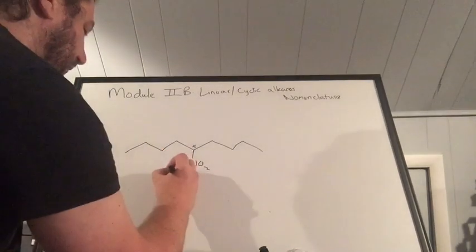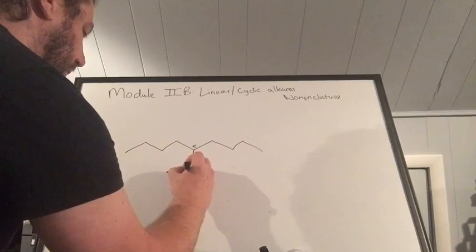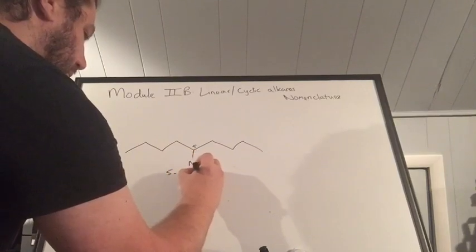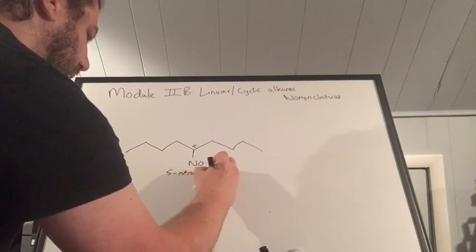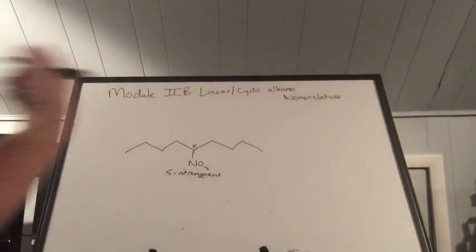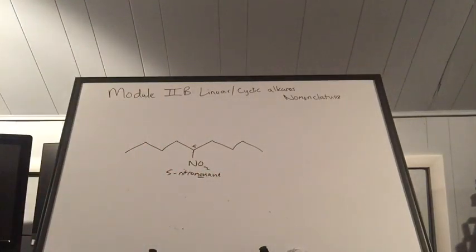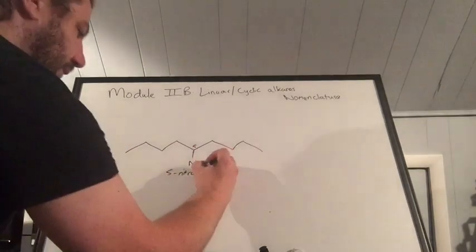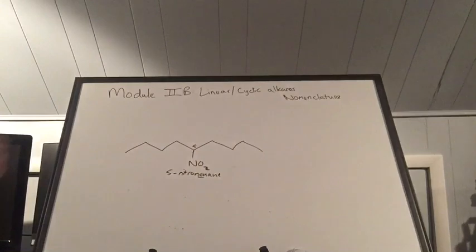So this would be 5-nitrononane. Again, nine is the prefix for 9 carbons. Nitro is what this particular functional group is going to be at the 5 position.